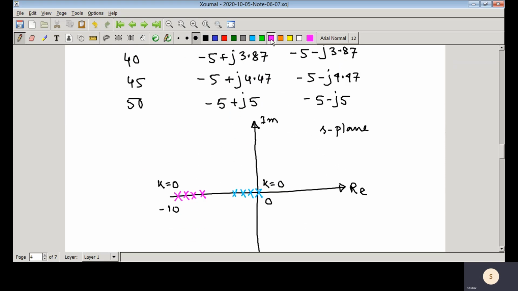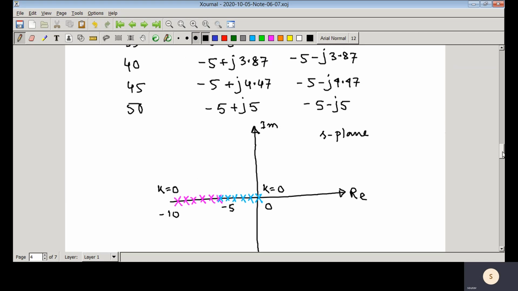So both the poles are coming together, and this particular value is minus 5. And then what happens?